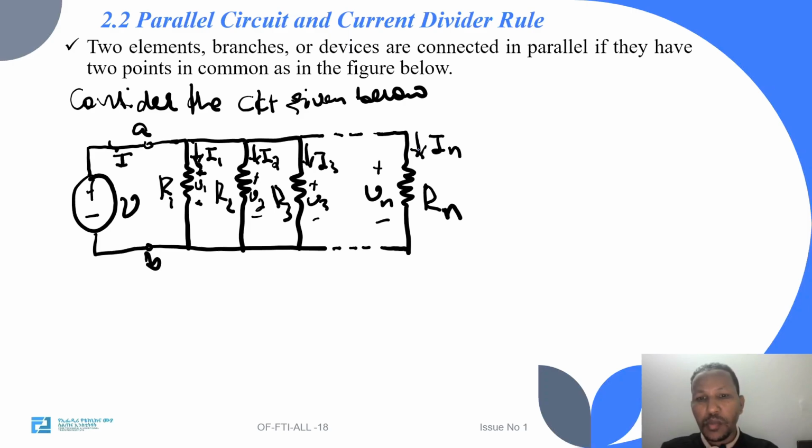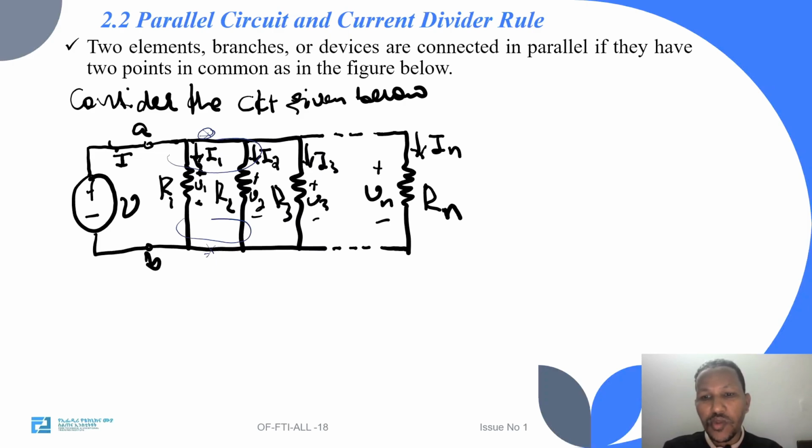For example, consider R1 and R2. One pair of their terminals is connected at this point, and the other pair of R1 and R2 terminals is connected at this point. So they share 2 points in common. If this condition is fulfilled, we can say that the elements are connected in parallel.